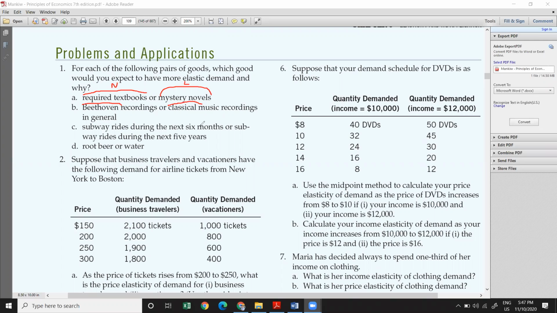If the price of water were to rise, consumers have little choice but to pay the higher price. But if the price of root beer were to increase, consumers could easily switch to other sodas and beverages that can substitute root beer. So the quantity demanded of root beer is more responsive to changes in price in contrast to the quantity demanded of water.